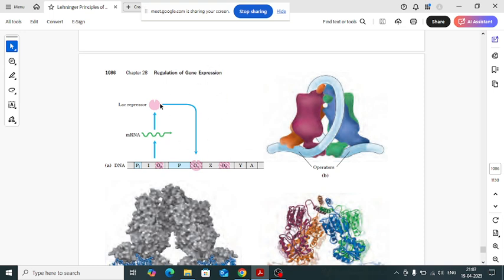In that case, when there is no repressor in the operator region, the Z, Y, and A genes can be expressed, right? But when there is no lactose, the lac repressor can bind to the operator region, and those genes will not be expressed. So that's how the expression system is controlled in the lactose operon system of prokaryotes, right?